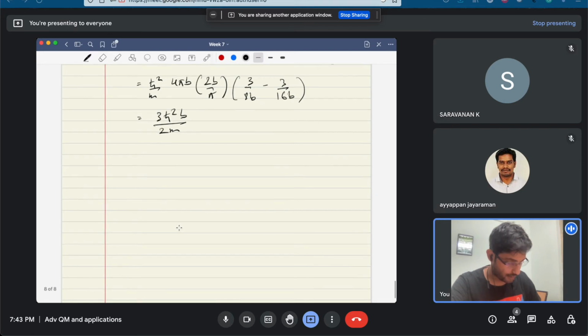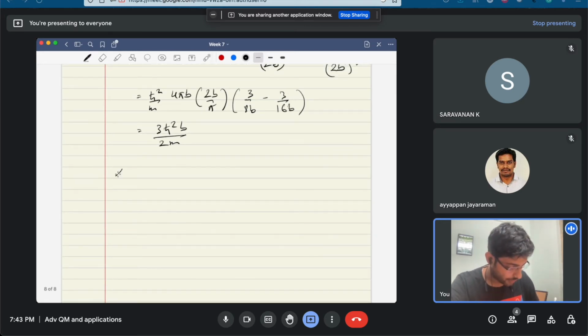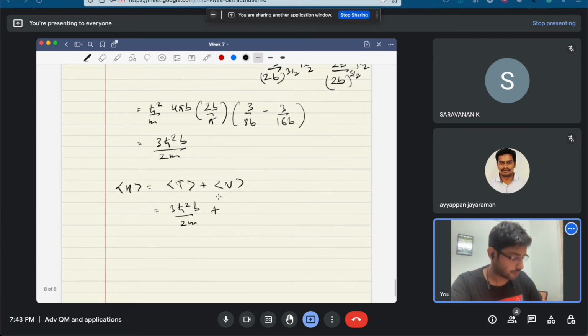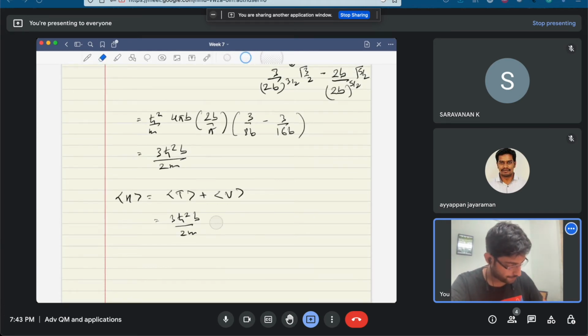So we have got the H complete now with the T plus V, so by 2n plus V, minus e square by 4 pi epsilon naught 2 root 2b by pi.